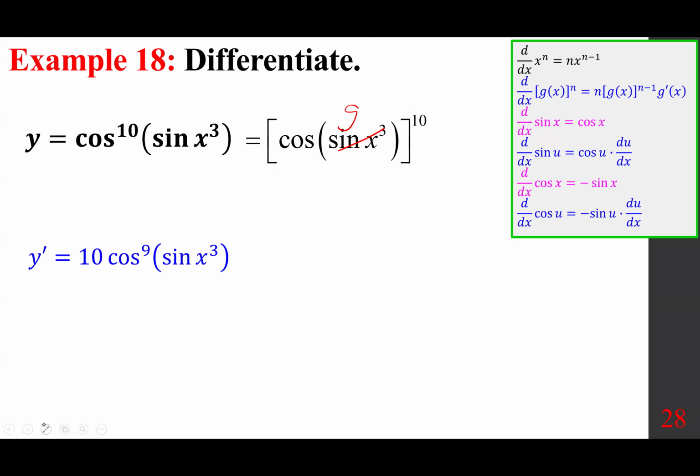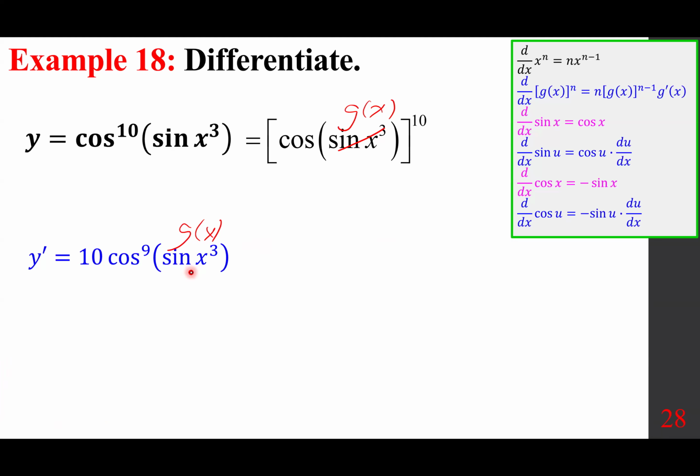So if it helps, you can say g first, or g of x. Literally change it to g of x. Now we need to take the derivative of g of x, everybody. So we need g prime of x.